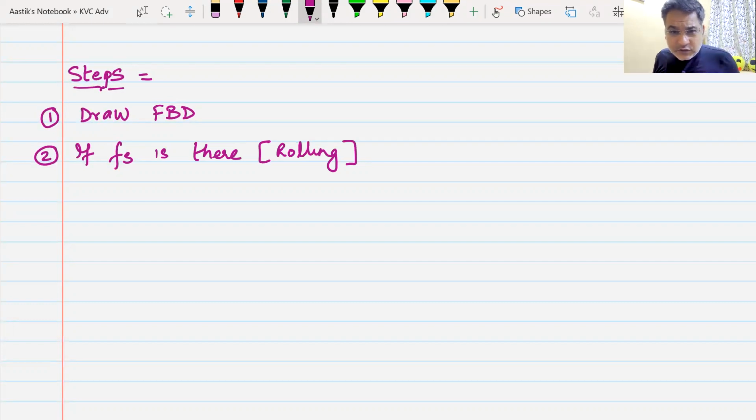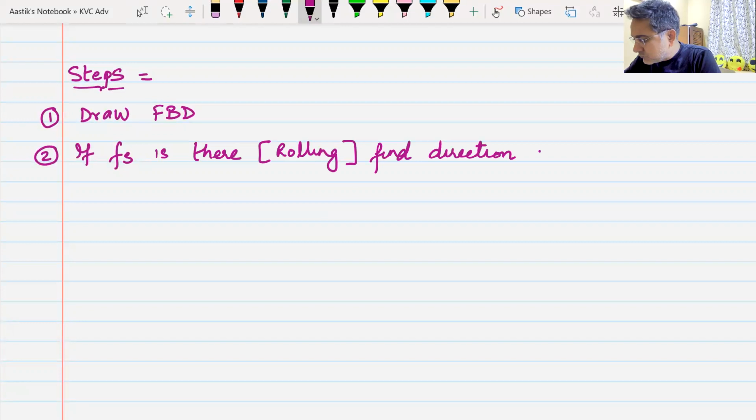If there is not pure rolling, then friction is kinetic and we already know what to do. If static friction is coming, find the direction of static friction. You know how to find the direction of static friction, yes or no? Yes, sir.